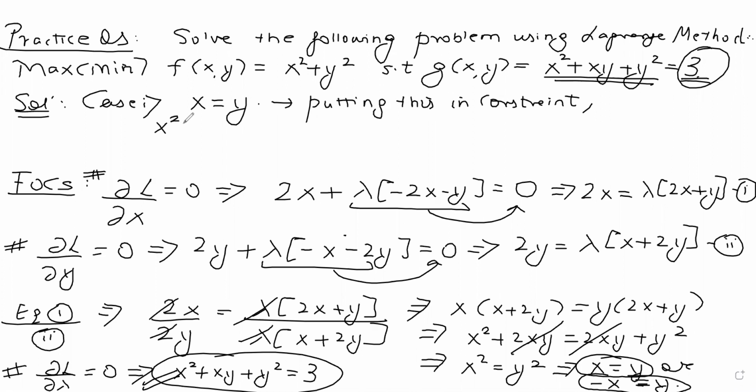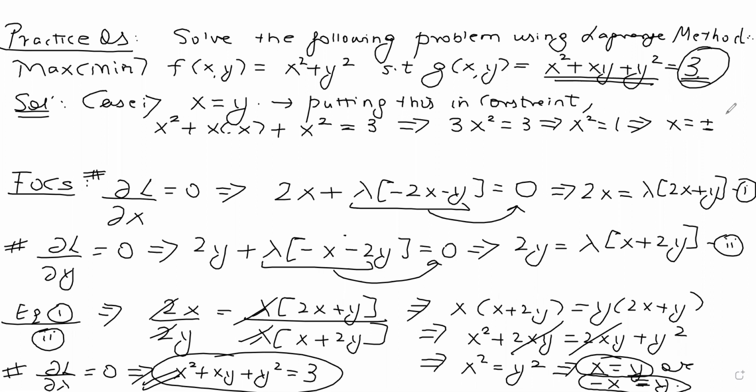X square plus x into y is nothing but x only, plus y is again x square. This is equal to 3. So 3 times x square is equal to 3, which implies x square is 1, which implies x is equal to plus minus 1. And if x is equal to plus minus 1, I can write y is also equal to plus minus 1 because x is equal to y.